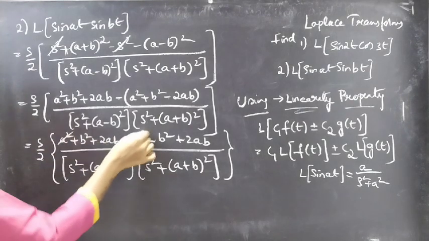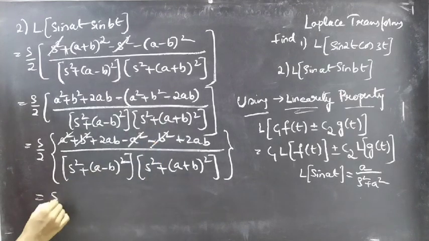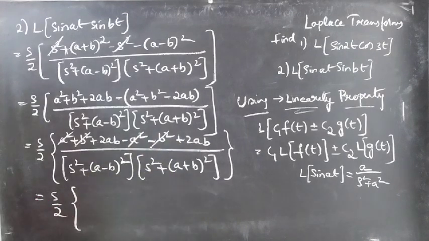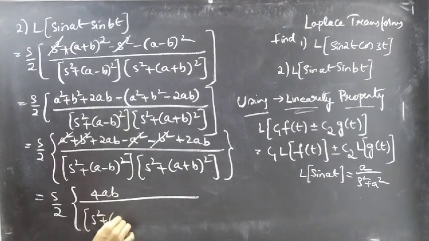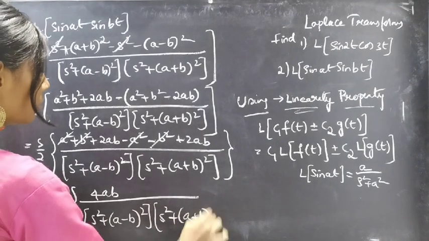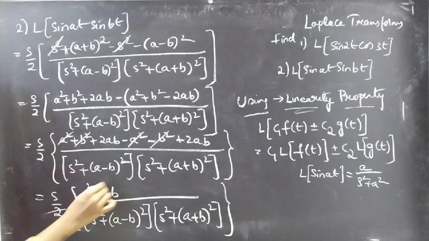Here plus a square minus a square gets cancelled, plus b square minus b square gets cancelled, and this gives us s by 2 into 2ab plus 2ab is 4ab by s square plus (a minus b) whole square into s square plus (a plus b) whole square. Right? 2 ones are 2, 2 twos are 4.